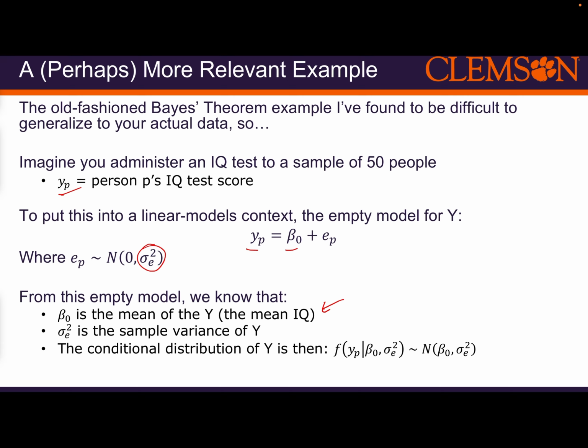And we know that sigma squared error is the sample variance of Y. Normally we'd call this residual variance, but here, because we're not predicting it with anything, it's not really residual. It's actually the sample variance. So the distribution of Y, given those two parameters, is, as we derived earlier, a normal distribution where the mean is beta 0 and the variance is sigma squared error.